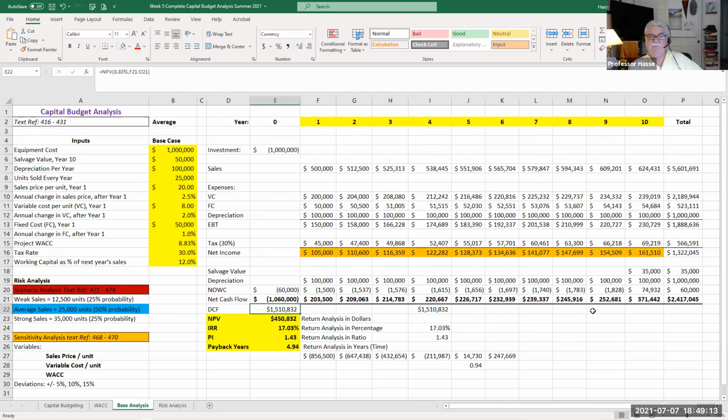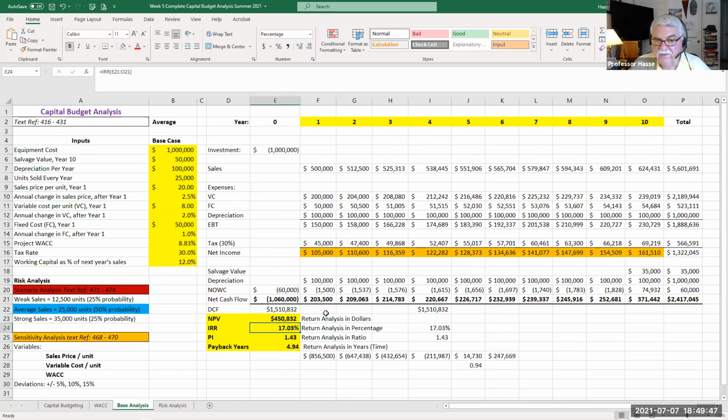The $2.4 million in cash received over the 10 years is actually worth $1.5 million today by discounting it back to today's value at 8.83%. And then we compare that to the investment. It's profitable. In today's dollars and today's risk, at these projected cash flows, we're making $451,000.